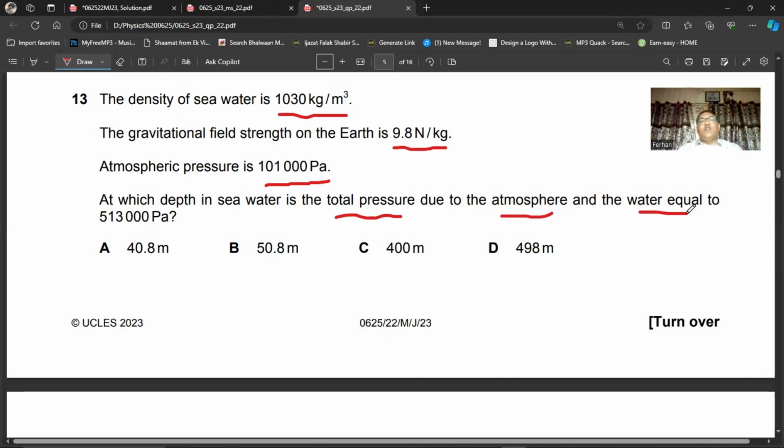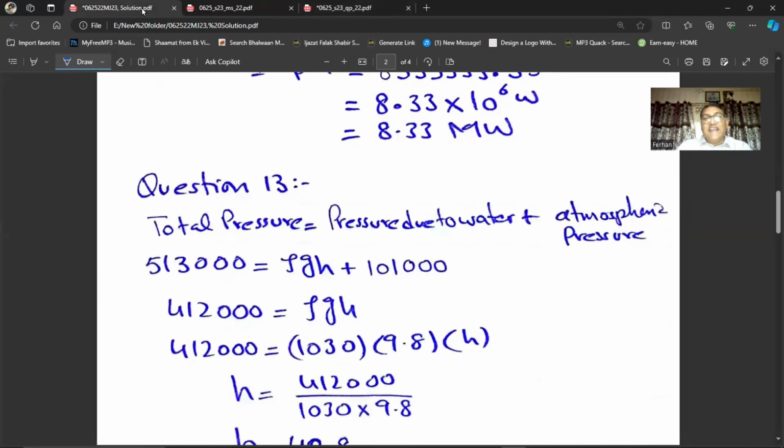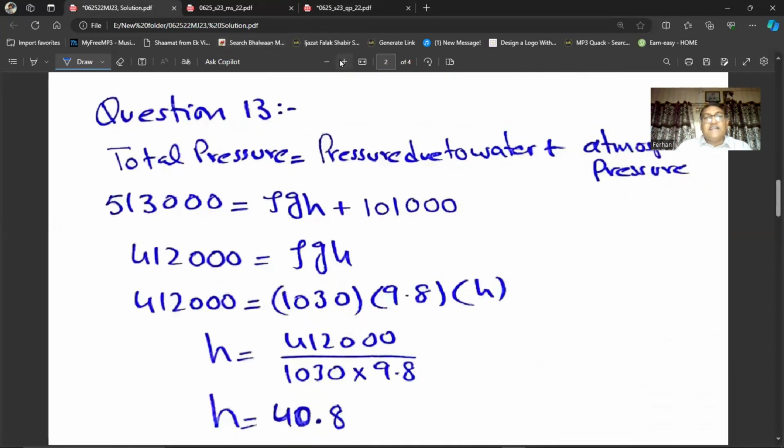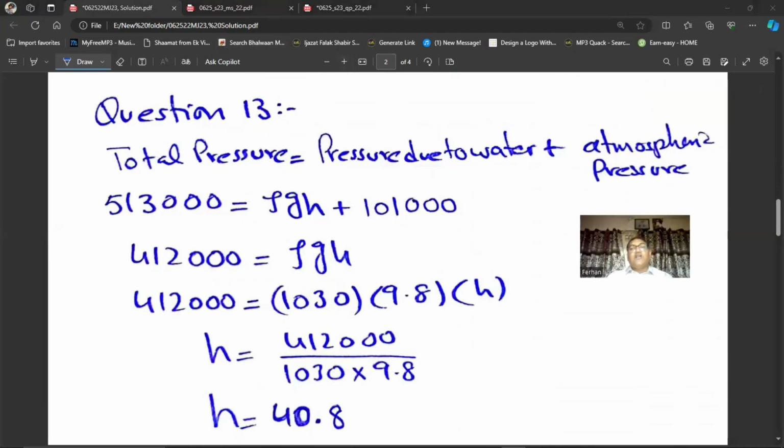So the pressure due to the water, the formula is rho GH, where rho means the density, G means the gravitational field strength and H means the depth of the liquid above the point of observation. So the total pressure is equal to the pressure due to the water plus the atmospheric pressure.